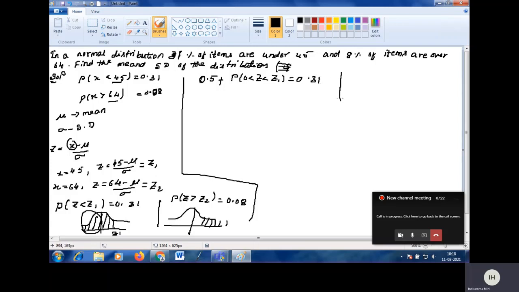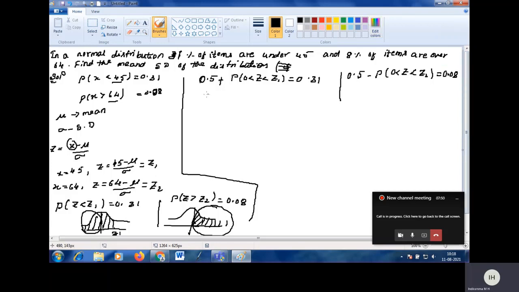Next, P of Z greater than Z2: here we have 0.5, and from 0.5 you subtract this area. So that is 0.5 minus the probability that Z lies between 0 and Z2, which is equal to 0.08.